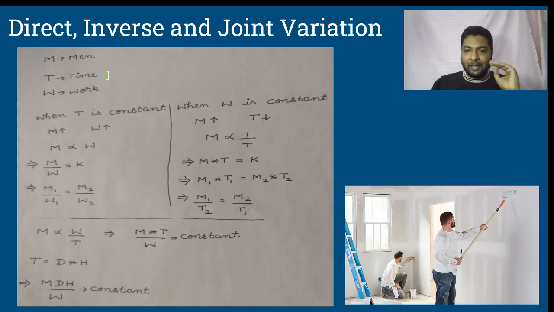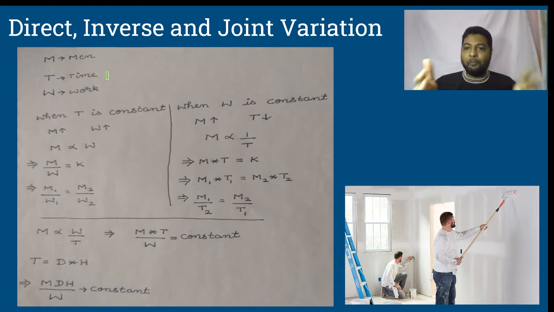Let us take an example of people having to paint a room. When T is constant, that is, in a constant time, let us say in 1 hour, if more people start painting the room, the amount of work done will also be more.